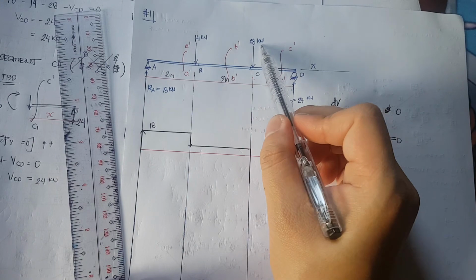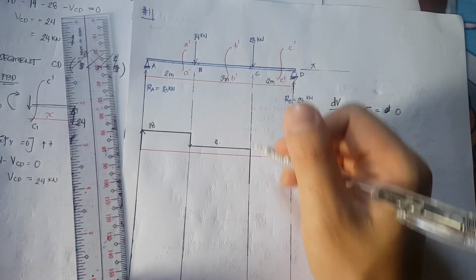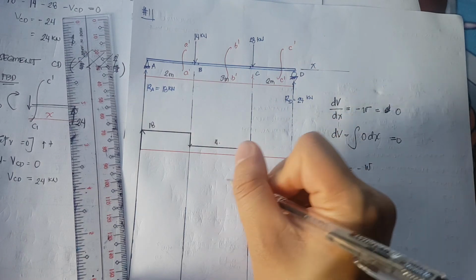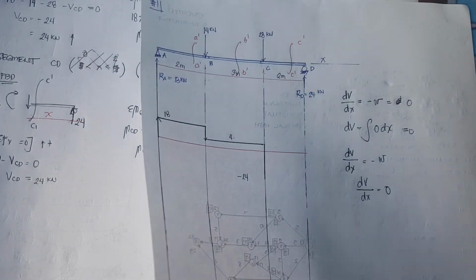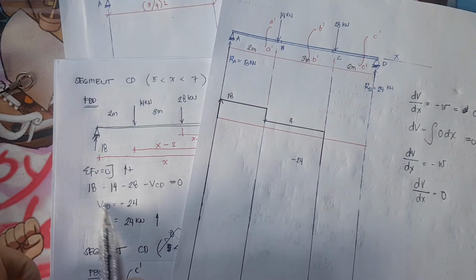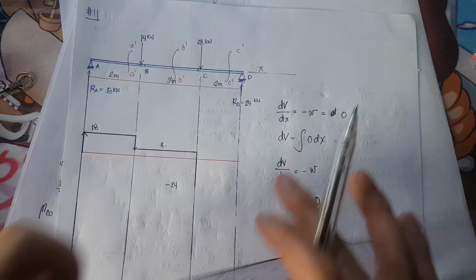Bakit? We have a positive 4. So this is 4 minus 28 because that is pointing downward. So this is negative 24. So the shear CD is negative 24. So diretso lang yan.